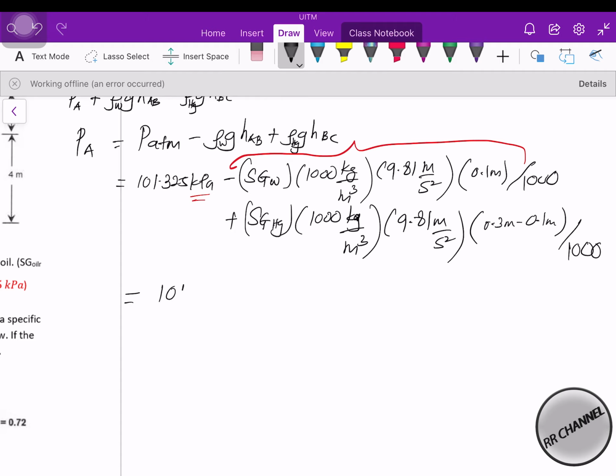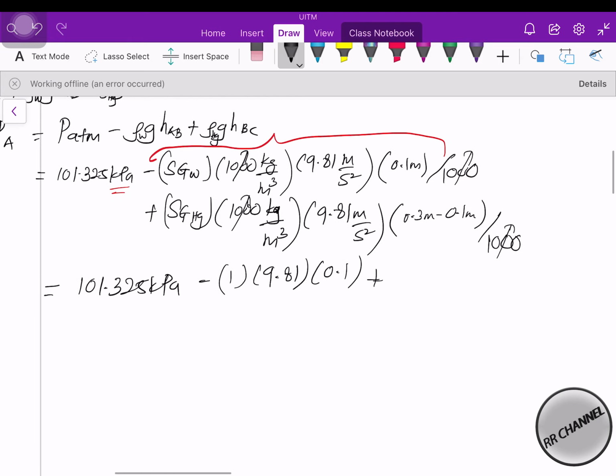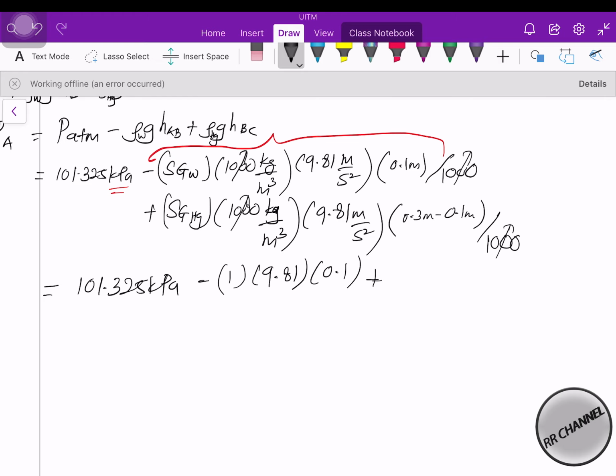Okay, 101.325 kPa. This one is Sg for the water, 1. Right, so this is 1000. You can cancel out with this value, 9.81, 0.1, and then you put plus here, same here, 1000. You can cancel out with each other. So the Sg for the mercury is 13.6.